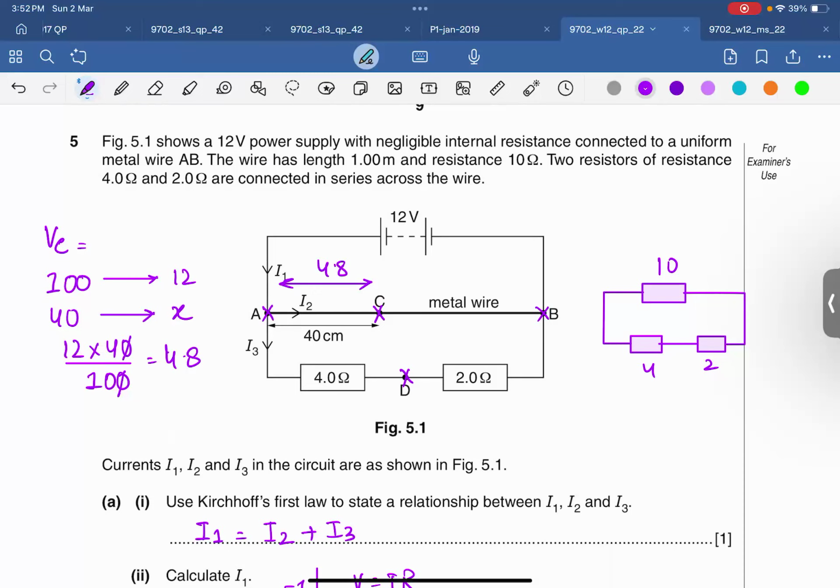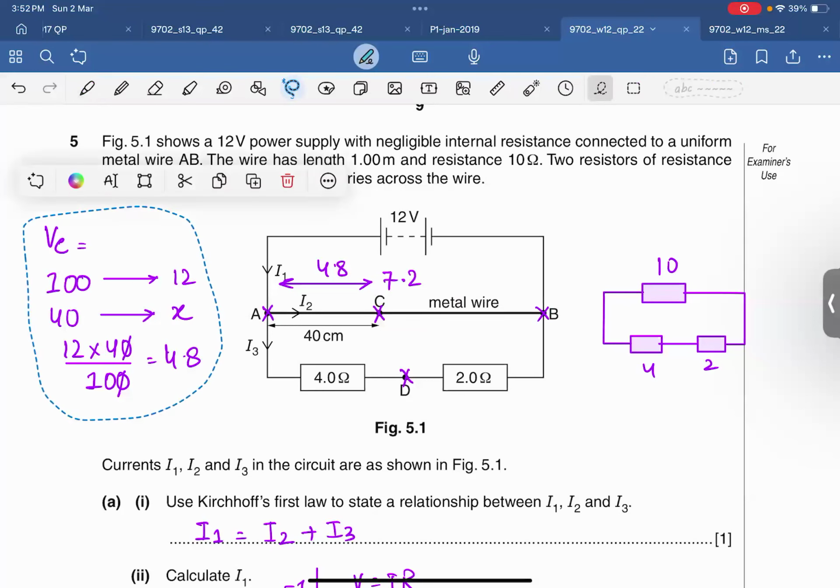So how much will be remaining? 12 minus 4.8 gives me 7.2. So at C you'll receive 7.2. सही हो गया. This is the voltage or potential at point C. Clear?